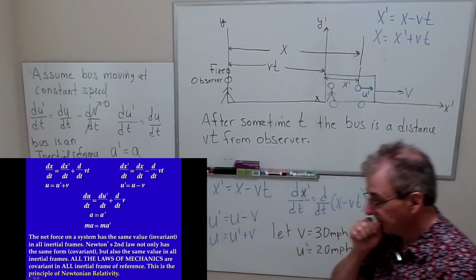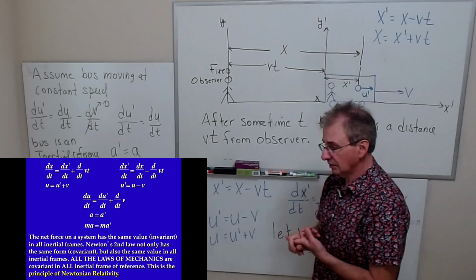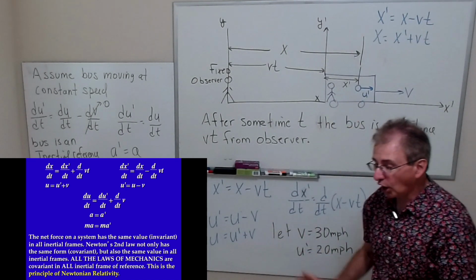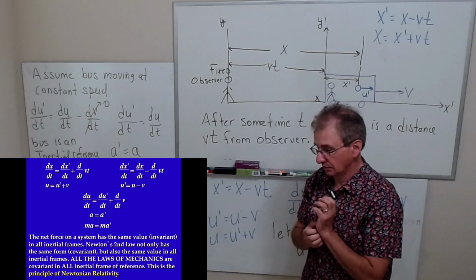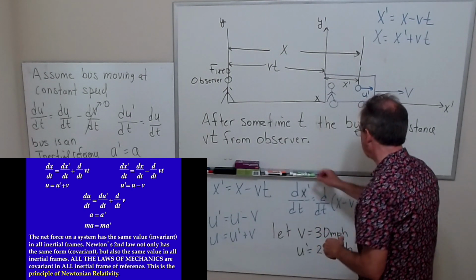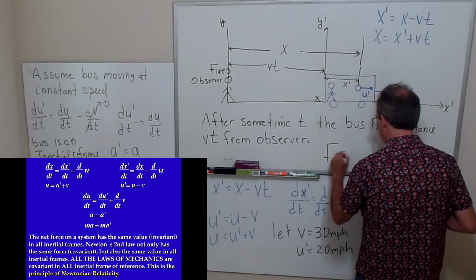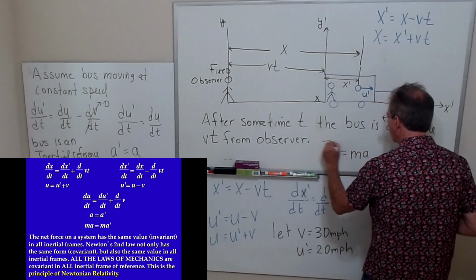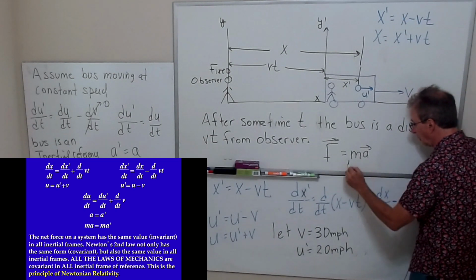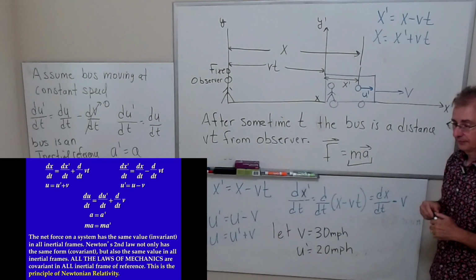Now, so the net force on the system in an inertial frame has the same value in all inertial frames. When you look at F equals ma, whether I do this in one-dimensional or three-dimension, this quantity is the same in all inertial frames.